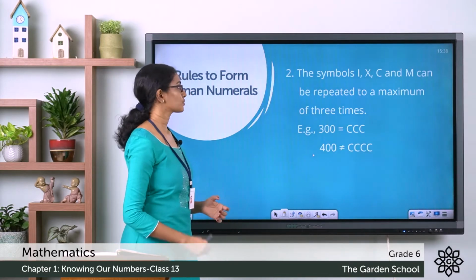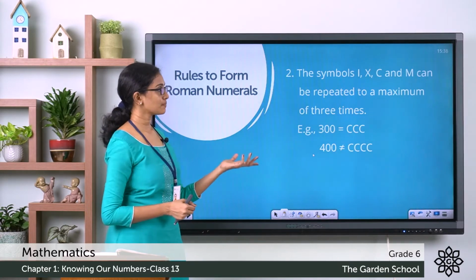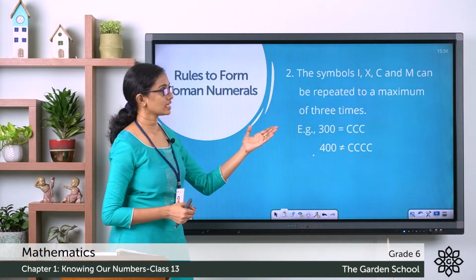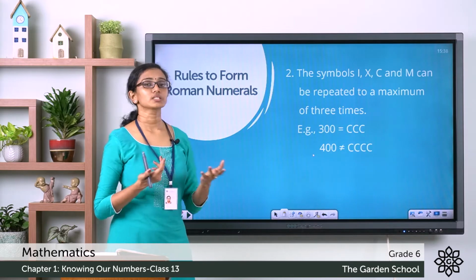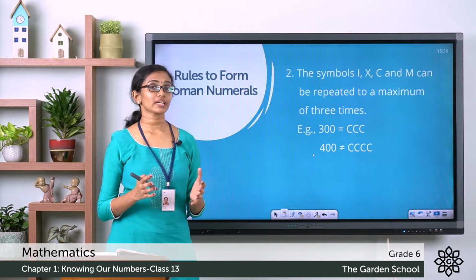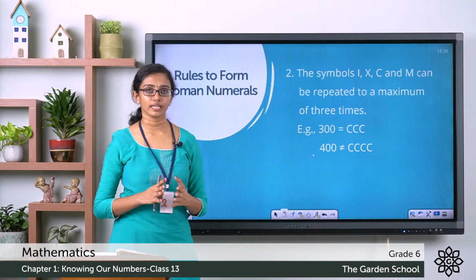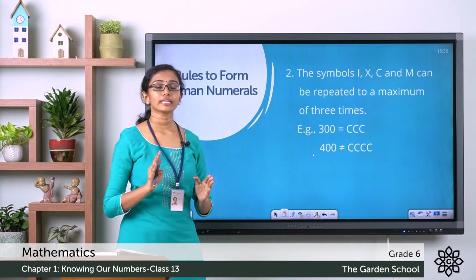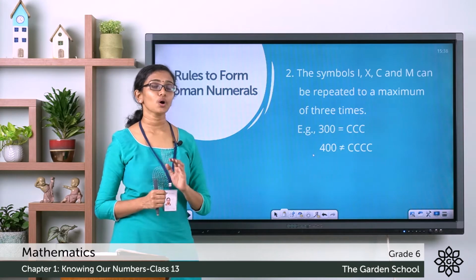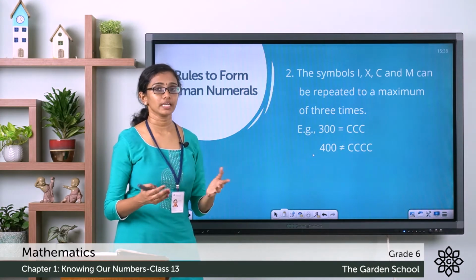Rule number 2 says that the symbols I, X, C and M can be repeated to a maximum of 3 times. You cannot repeat all the symbols just like that. Only the symbols I, X, C and M can be repeated, and that too only up to a maximum of 3 times.